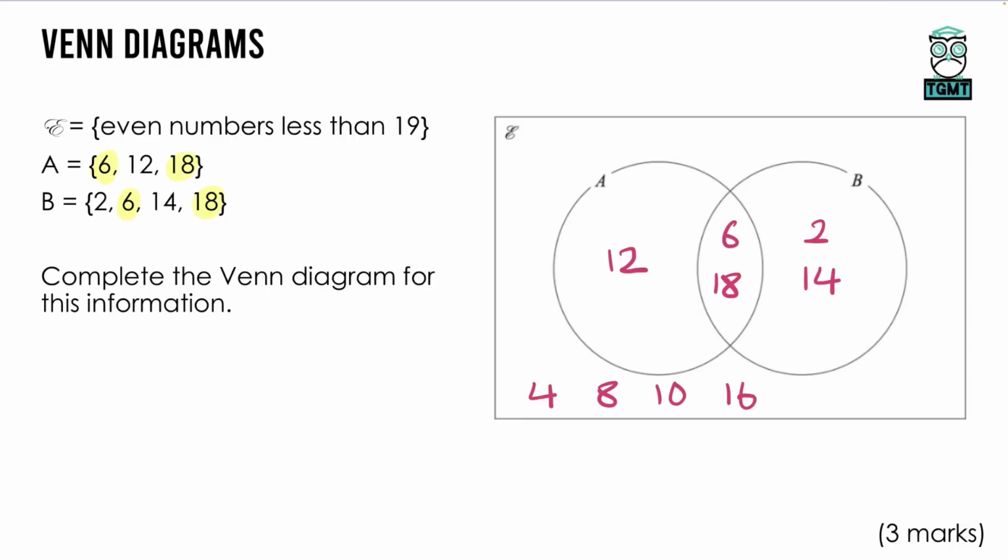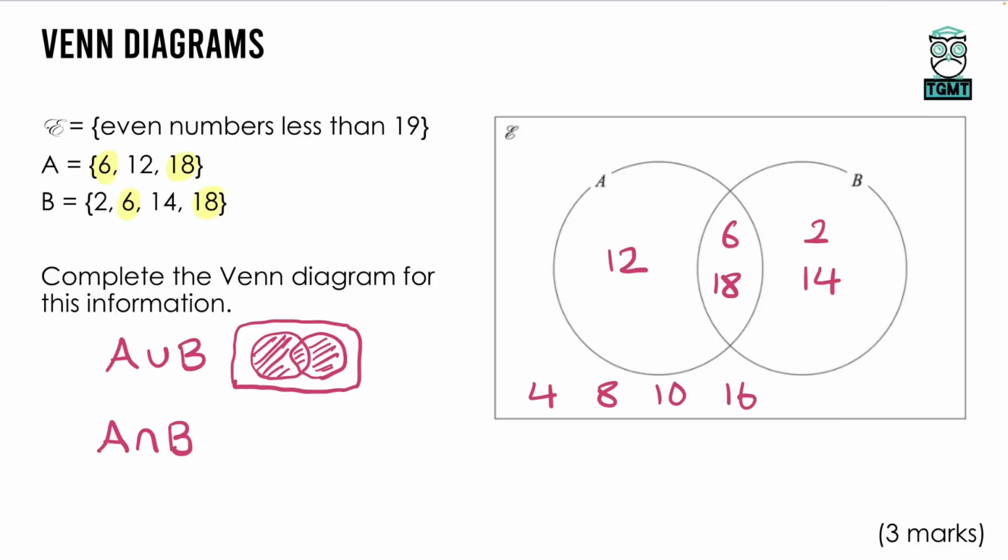Now it may ask you things like what numbers are in A union B, or A intersection B. So if it asks you about these, remember the union is anything within all of the circles, including the intersection. So if it asks you about the union, that's the part of the Venn diagram you would be looking at.